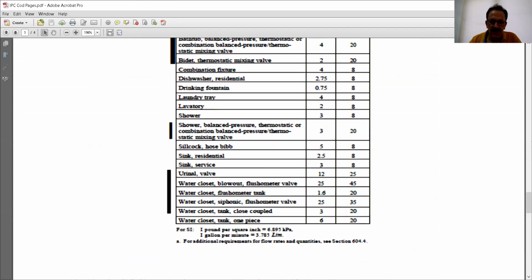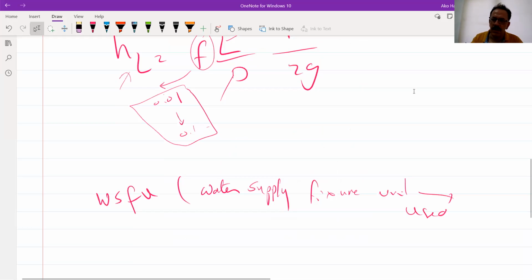This is for water: the water supply fixture unit. This is used for what? For water.